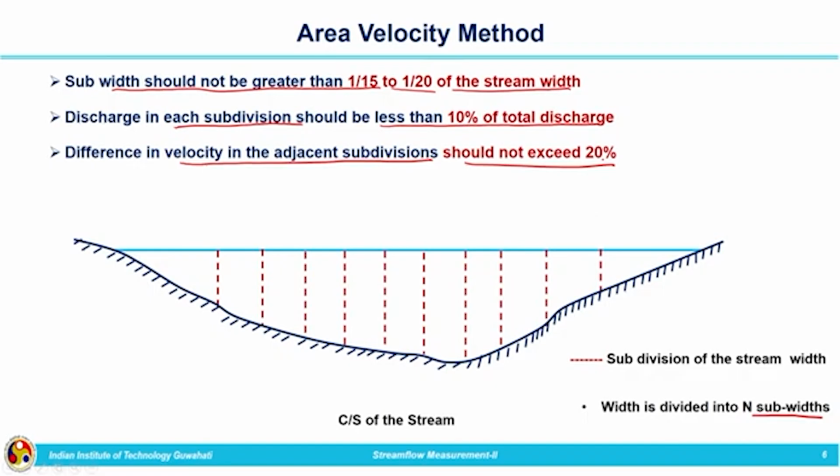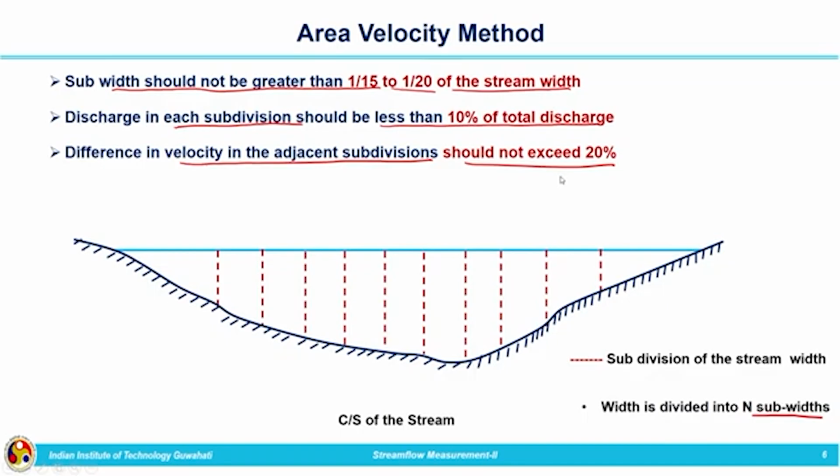So, we are dividing the cross section of the stream or river in such a way that the subwidth should be less than 1/15 to 1/20th of the total width, and the discharge through each subwidth corresponding to that area should be less than 10% of the total discharge, and also the difference between the velocities of two nearby subsections should not be greater than 20%.